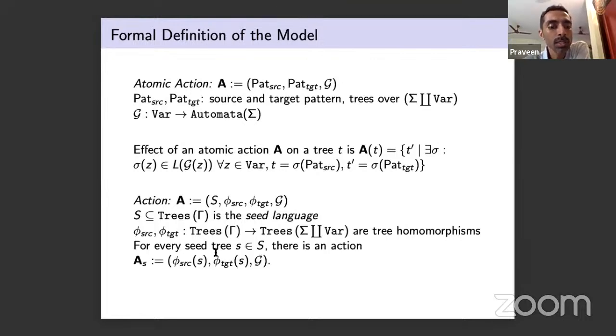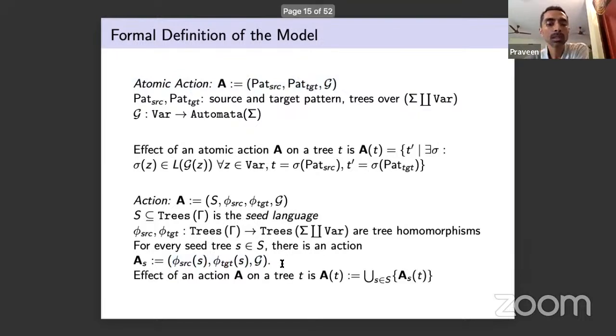And now for every seed tree S from the seed language, there is an action A_S, which is this triple, like we have here. We get the source pattern by applying the homomorphism phi source to S, the seed tree. We get the target pattern by applying the homomorphism phi target to the seed tree S. And then we retain this guard function G. Now this triple gives rise to an atomic action like we had seen before.